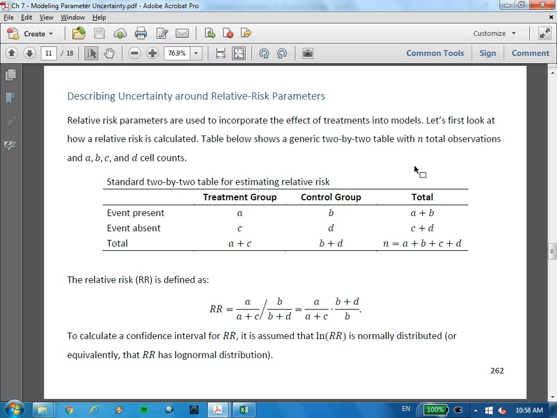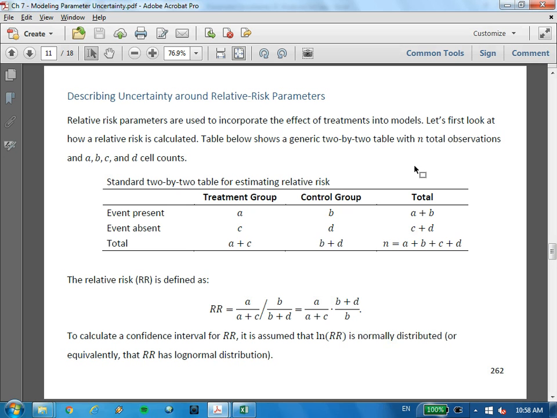When we calculate that, this is an estimate for the relative risk.